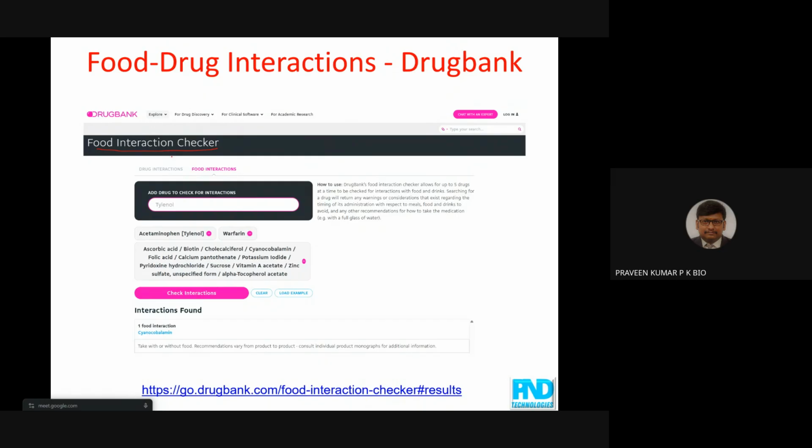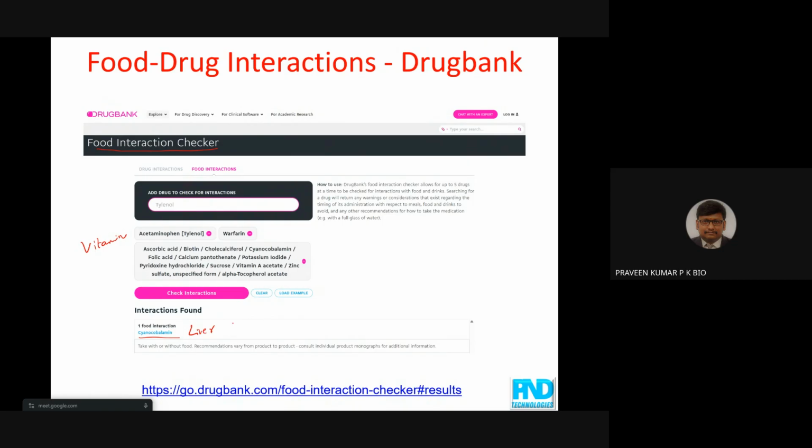In the food interaction checker, here is what I checked: the effect of different vitamins. If I take a multivitamin tablet, can I take acetaminophen, and can I take warfarin or not? If you see, only one thing: cyanocobalamin is majorly present in liver.